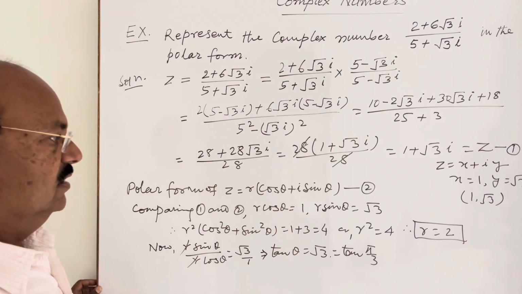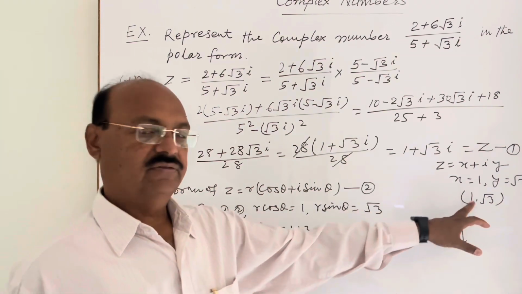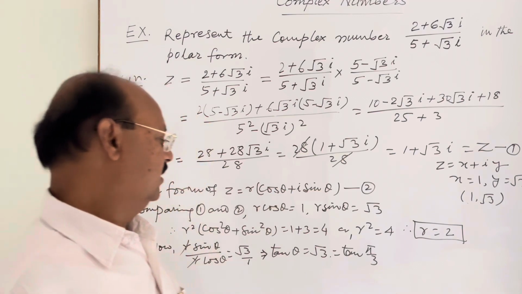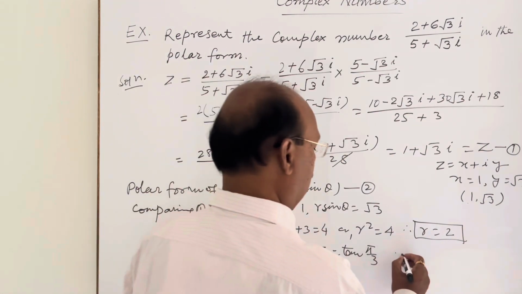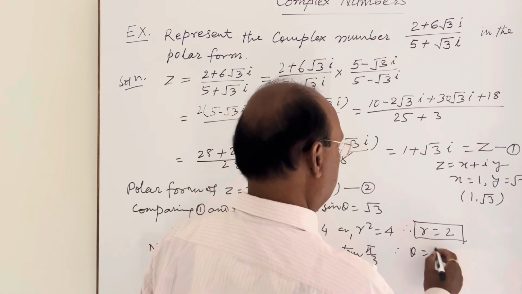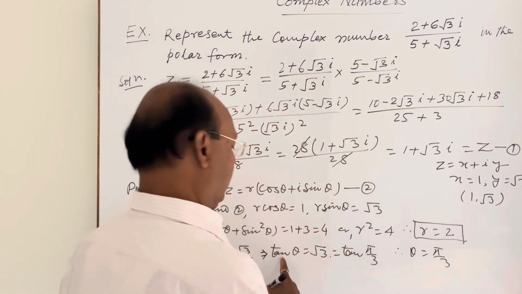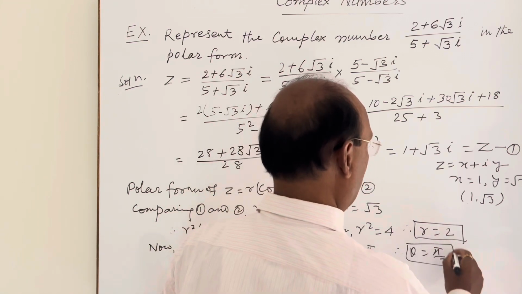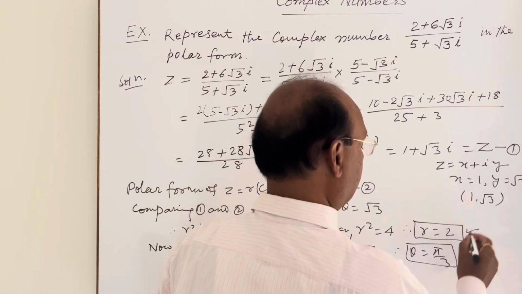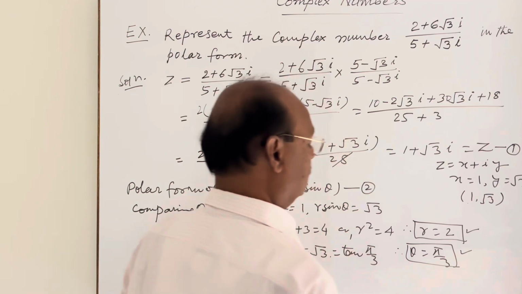So as this point is lying in the first quadrant, we have to take θ equal to π by 3. Therefore, we are getting θ equal to π by 3 by comparing tan θ equal to tan π by 3. So here we are getting the value of r as well as the value of θ.